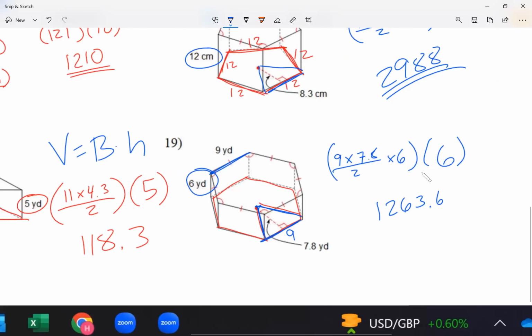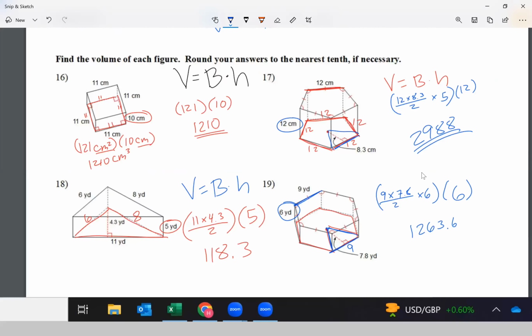Let me emphasize, if we have long decimals, round your answer to the nearest tenth if necessary. Remember number 18, I did round it. Okay, so volume for a prism is the area of the base times the height.